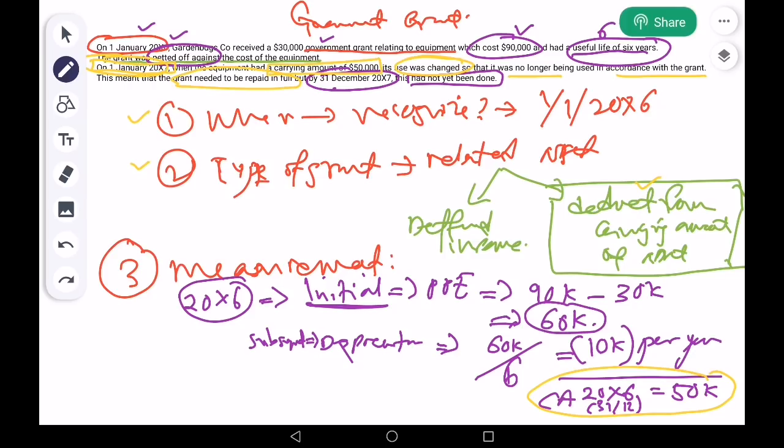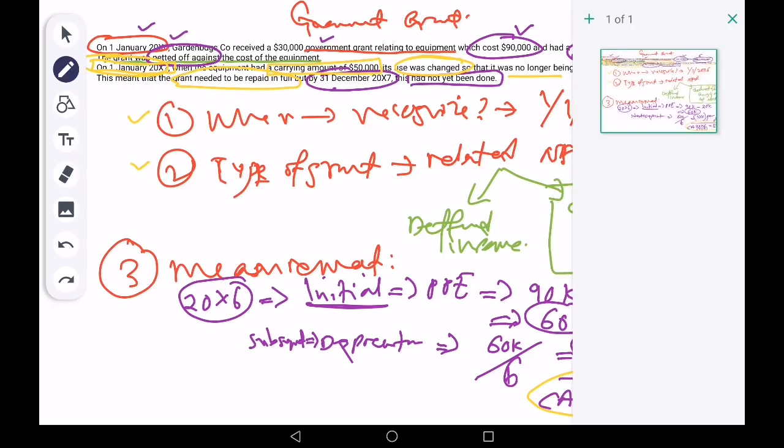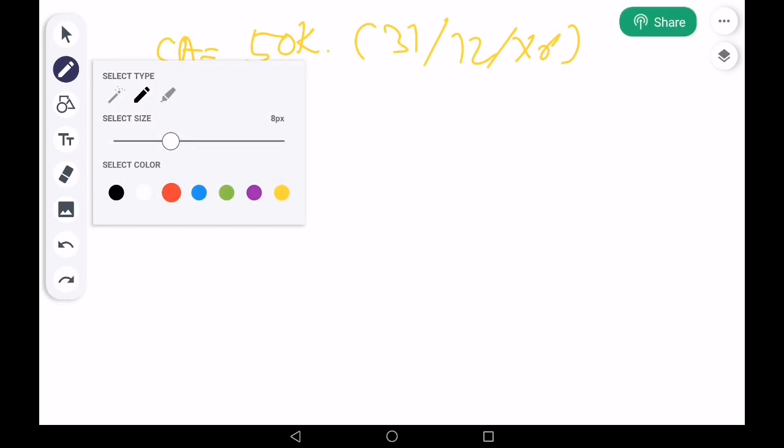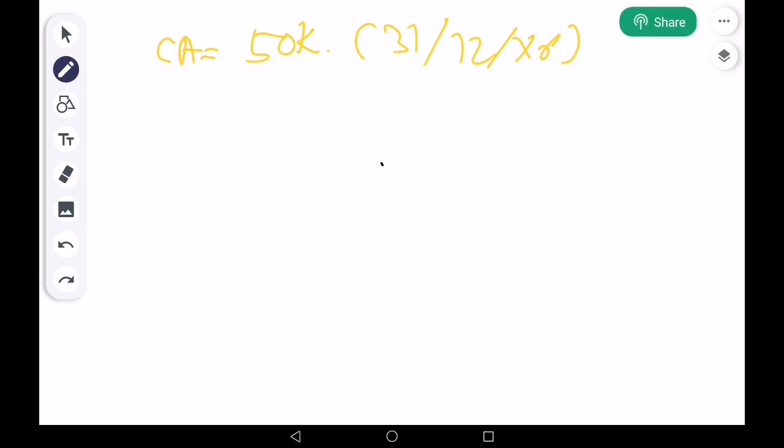So now, what is your accounting treatment for 2007? As you can see here, the carrying amount is 50k at 31st December 2006. Now you are at the 1st January 2007, 50k.